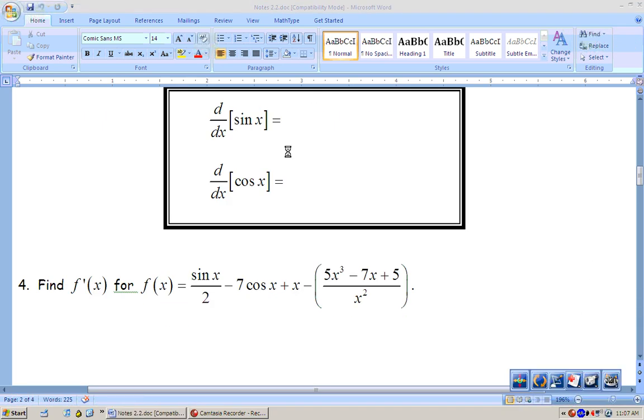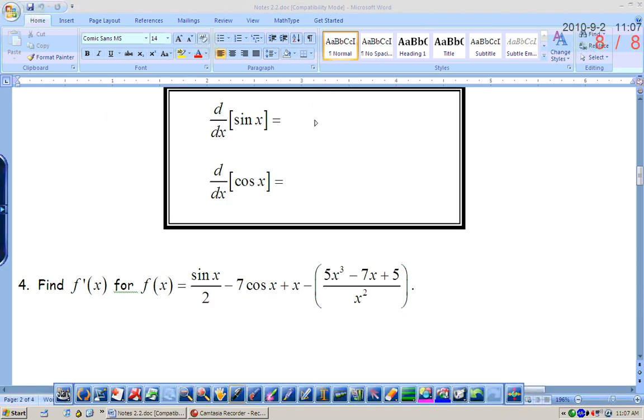All right, the derivative of sine x. Now, does anyone remember this? It's cosine x. Good. Cos x. Okay. And the derivative of cosine x is, man, y'all are good. Negative sine x.